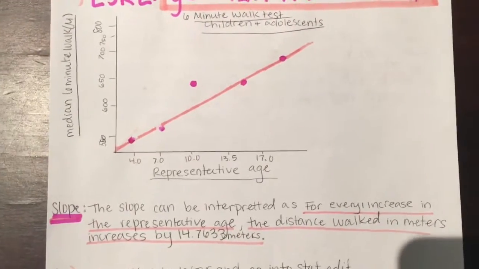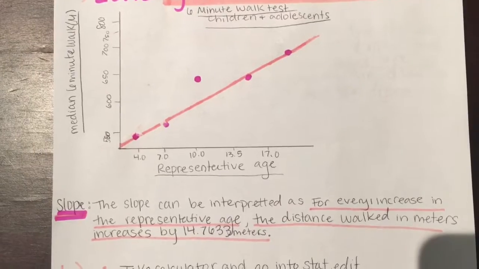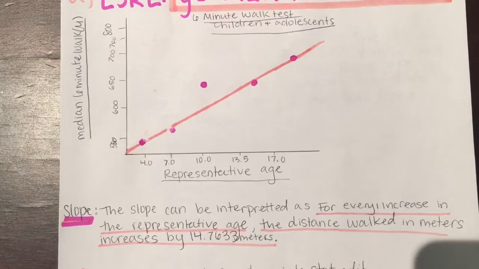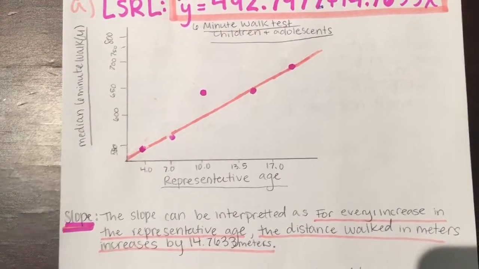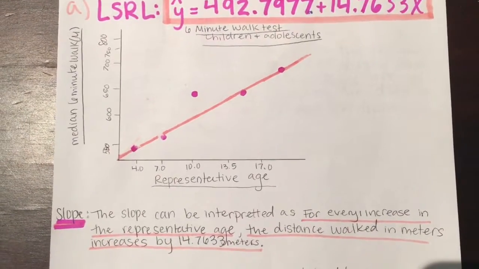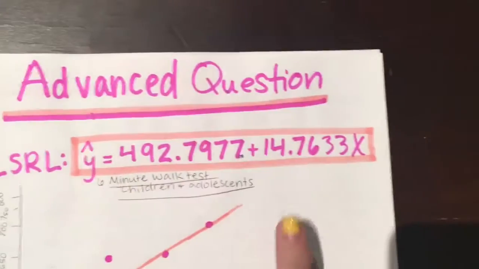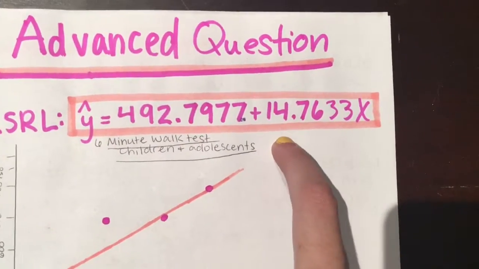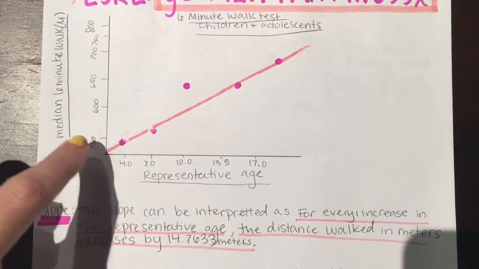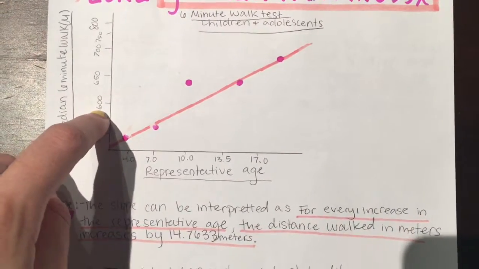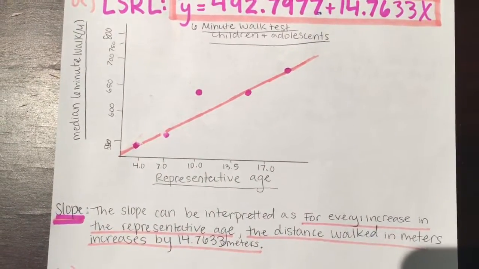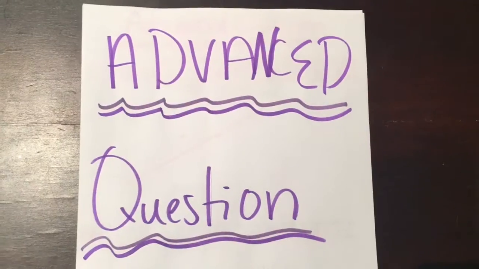I interpreted the meaning of this slope by saying the slope can be interpreted as for every increase in the representative age, the distance walked increases by 14.7633 meters. And this is the slope in the linear regression line. Basically, for every time x increases by 1, y increases by 14.7633.